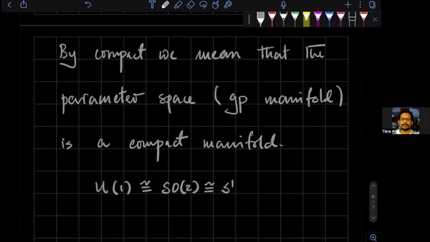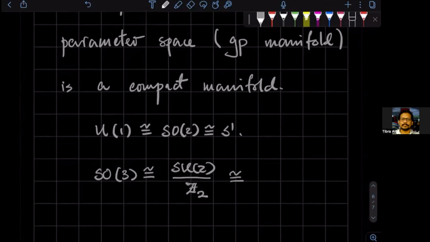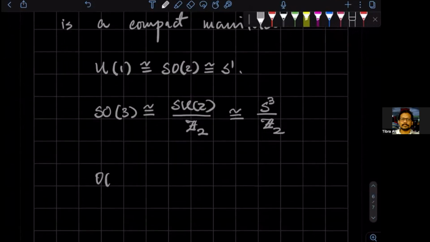Okay. And we also saw that SO(3) is isomorphic to SU(2) over Z2, where SU(2) is a three-dimensional sphere. So SO(3) is a group which is not simply connected. Now you might say, what about O(3) or O(2)?